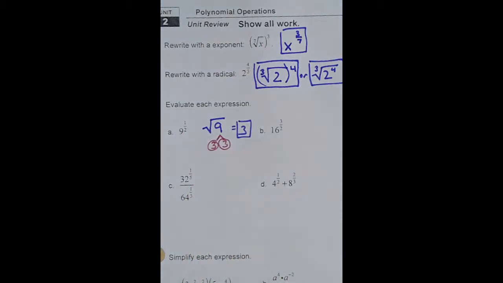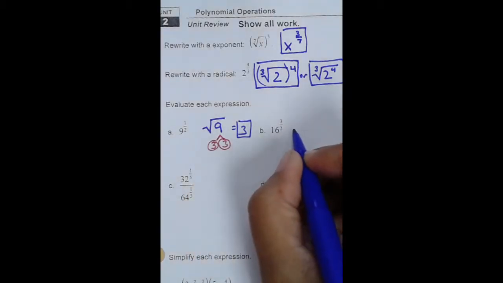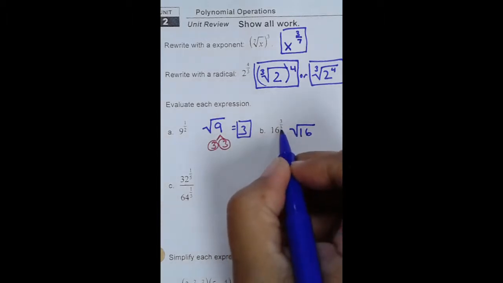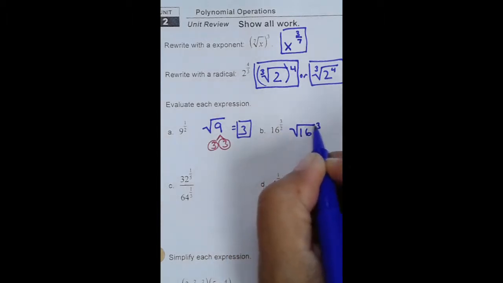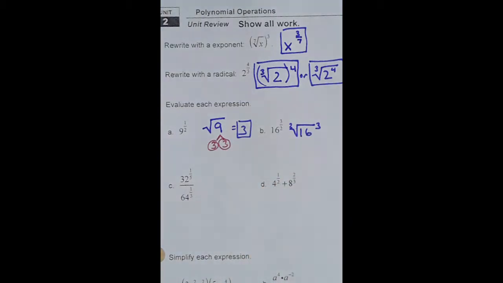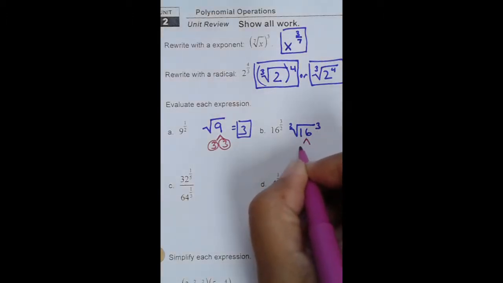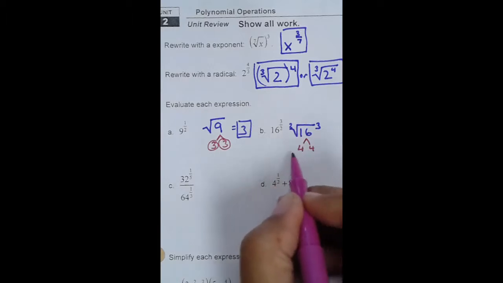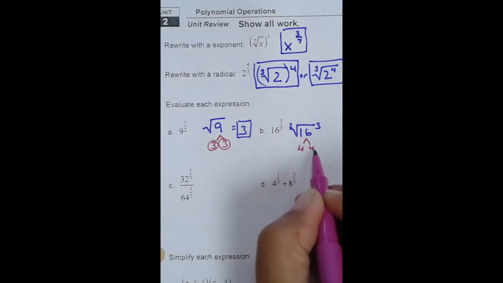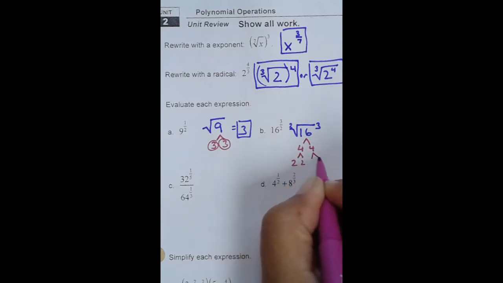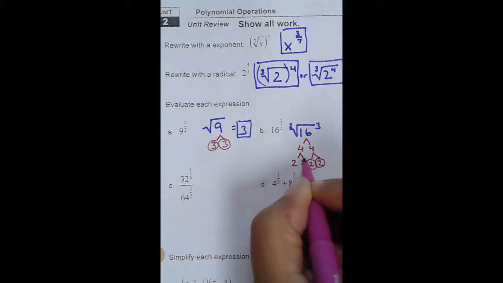All right, the next one, let's go ahead and rewrite this in radical form. So we're going to write it with the 16 inside the radical. 2 again is the root, 3 is the exponent. Yes, you could put the 2 there if you want to. You don't have to. Without a number there, it's a square root, but we are looking for 2 of the same number. You can break down the 16 and say 4 times 4. Since I have 2 of the same number, you can go ahead and use that as 4, but let's say you didn't realize that, or you did 2 and 8, and you end up with four 2's at the end.